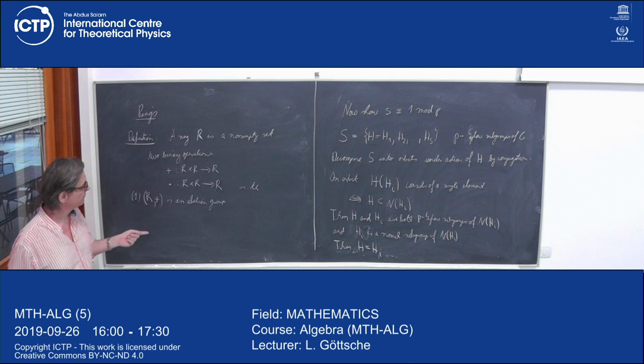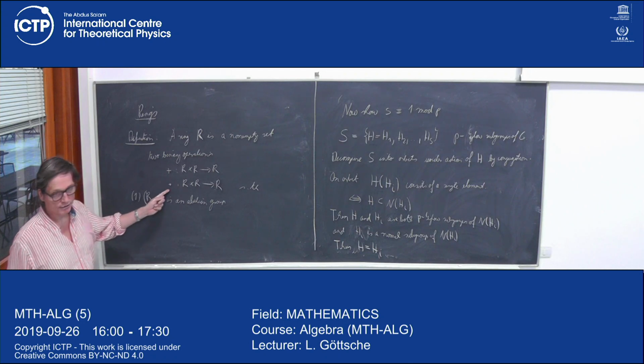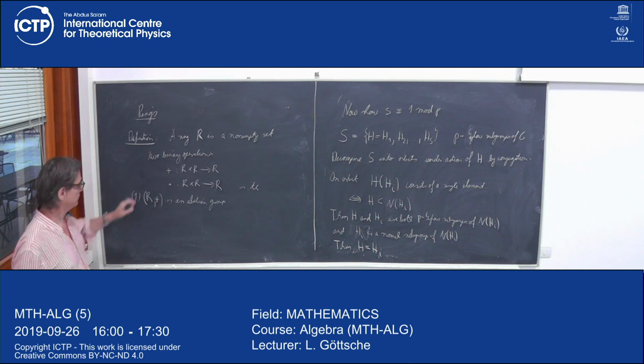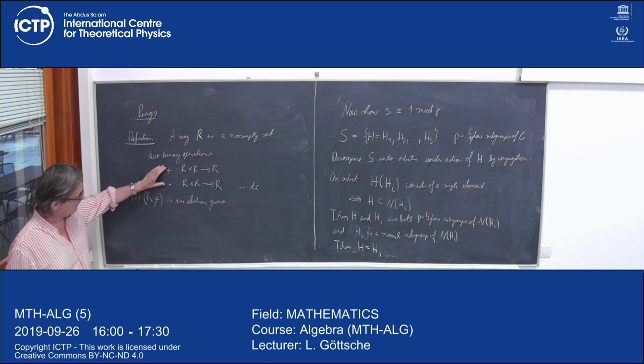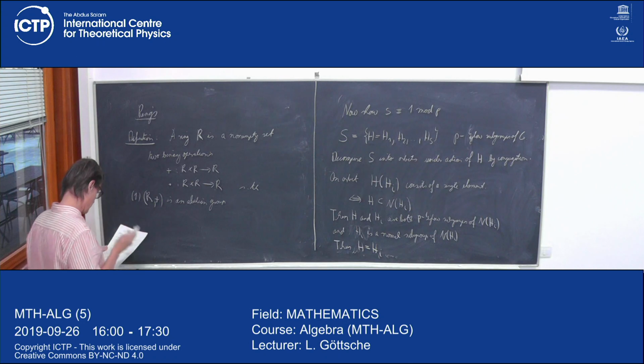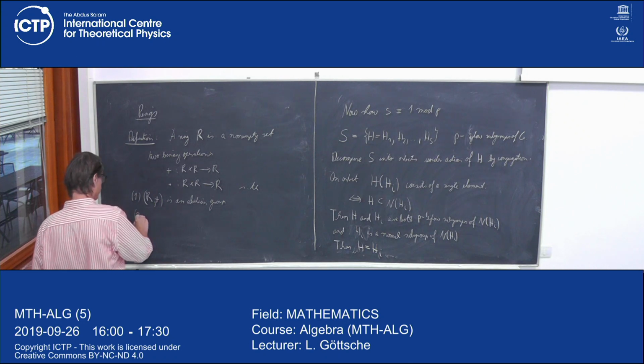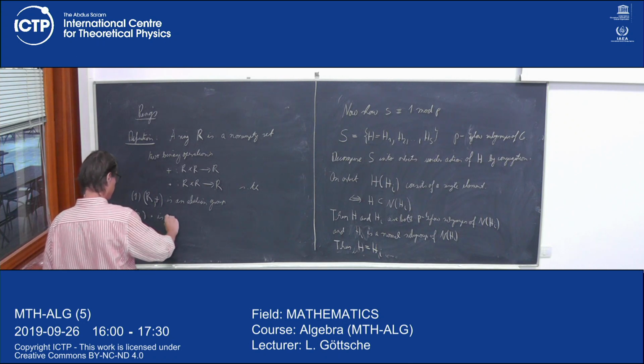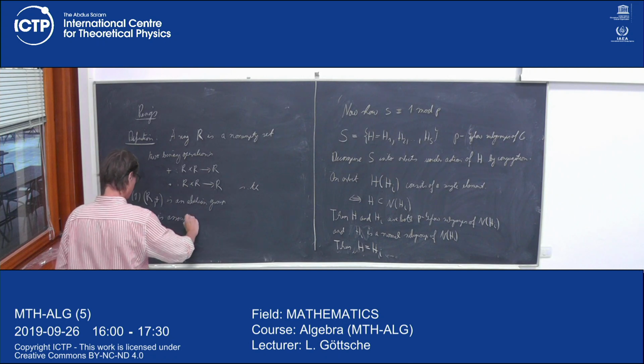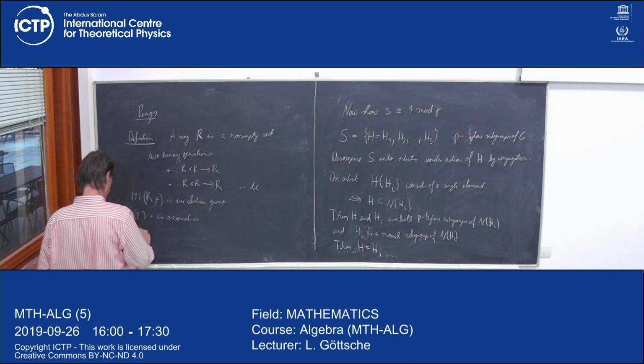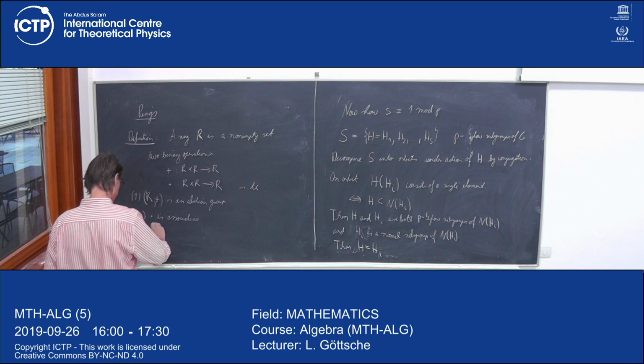We just assume that the multiplication is associative. And as basic compatibility between the two, we assume the distributive law. So multiplication is associative, and we have the distributive laws.